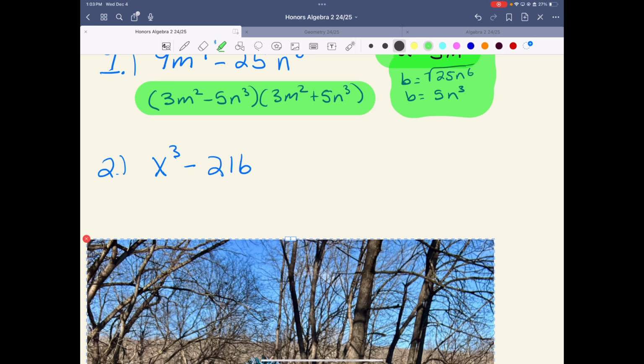So on your calculator right now, you should see something like 3, and then like this. And now put 216 in there. That gives you the cubed root of 216 on your calculator, which is 6. Okay, so the cubed root of 216 is 6.